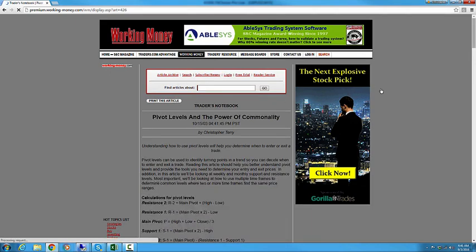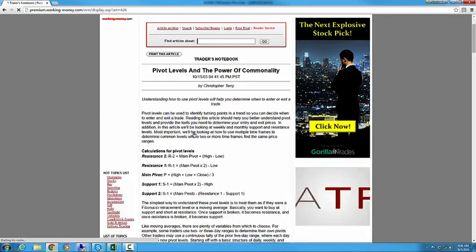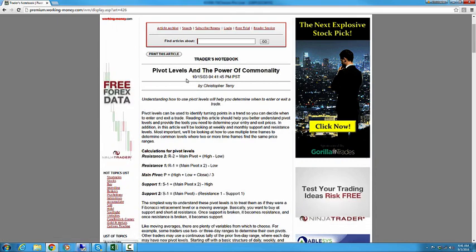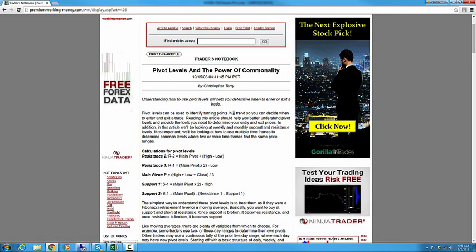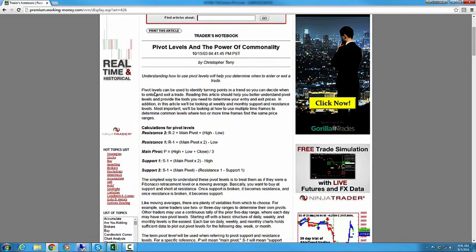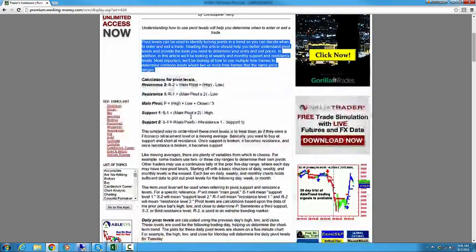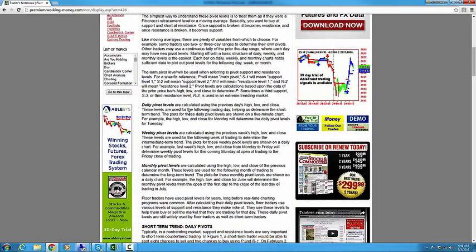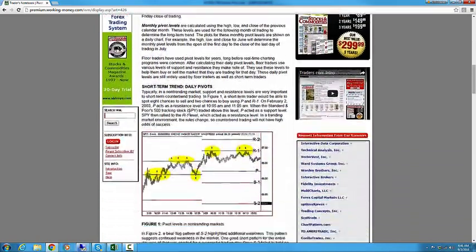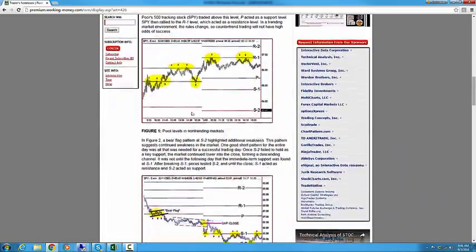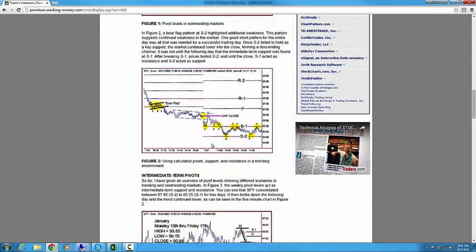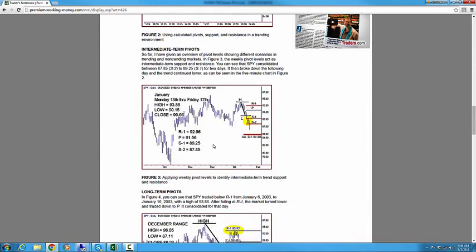All right. And it was an article I had written 13 years ago about pivot levels, explaining how they can be used as support and resistance, and how to use them combined with each other. Now, the platform we had back then wasn't as fancy as we have these days, but the information is a very good read.